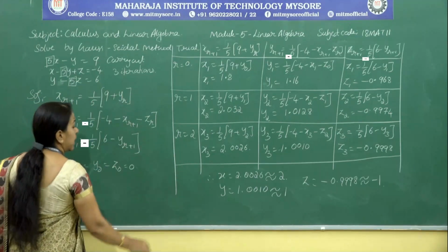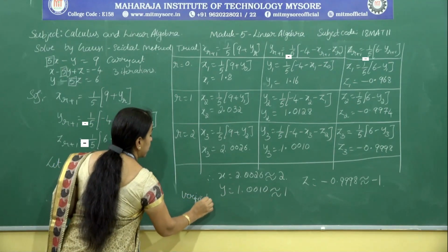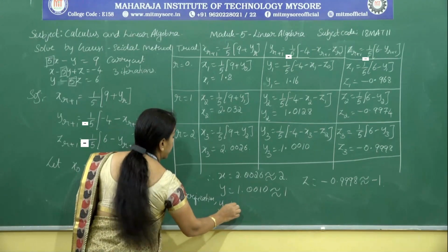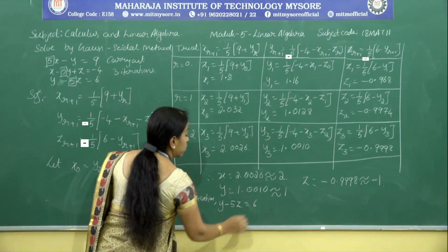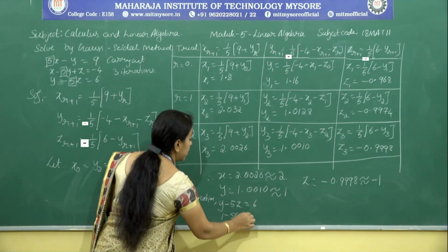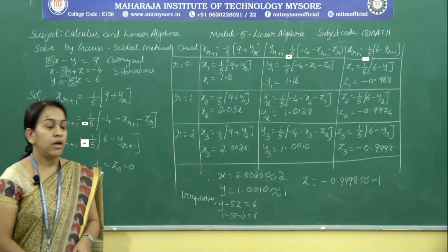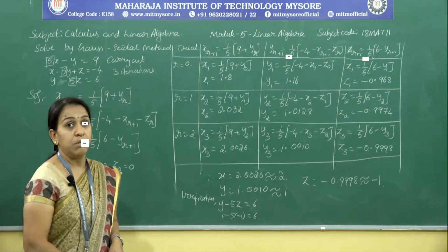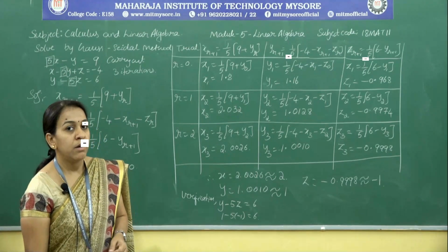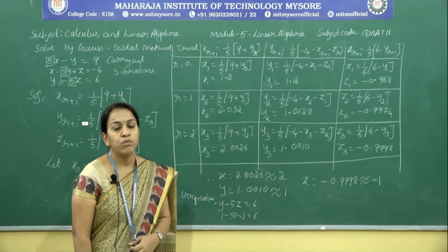So I will substitute in the last equation, where y equals 1 and z equals minus 1. That is the verification part. Consider y minus 5z, that is equal to 6. So y is 1 and z is minus 1, so we have 6. Yes, what you calculated using the Gauss-Seidel method is correct. Your solution is x equal to 2, y equal to 1, z equal to minus 1.